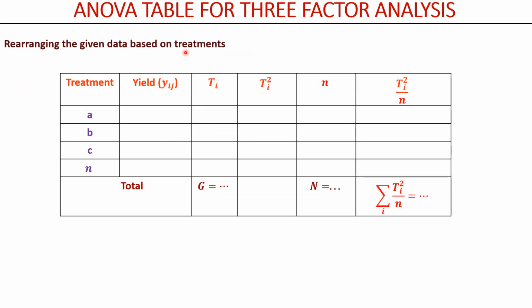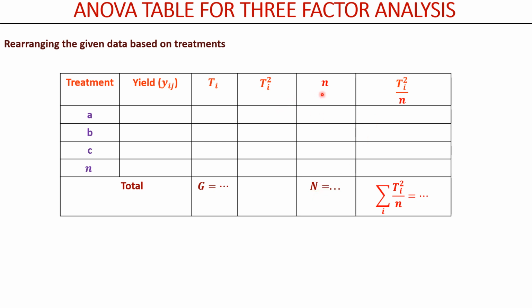The third factor, which is treatments, we treat in the CRD style by writing down the treatments along the first column, the yield which we shall pick out from the two-way table, and then Ti, the total yield, and then Ti square, which you square. Note that the value of G that you get here should be the same as the G you get in the two-way table. Similarly, the total n that we write should match with the total n in the two-way table.